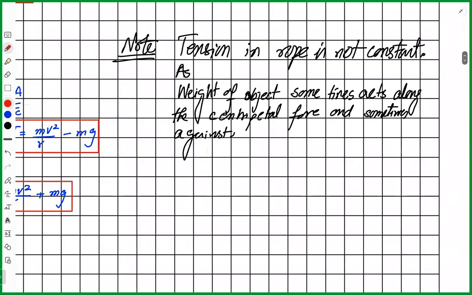Tension in the rope is not constant. Even if the object is moving with constant speed, tension will not be constant, because weight is changing its direction continuously.